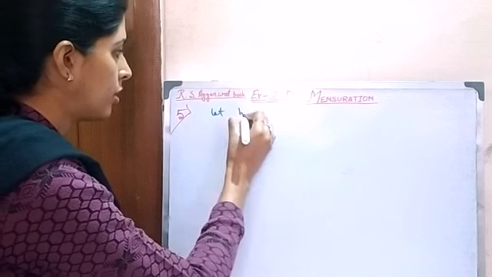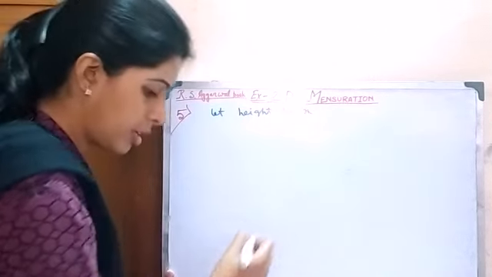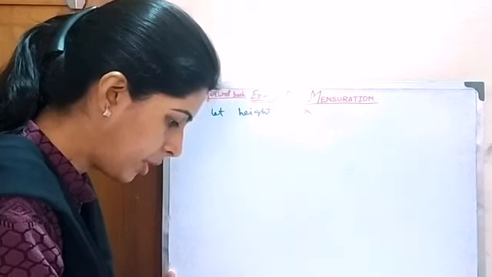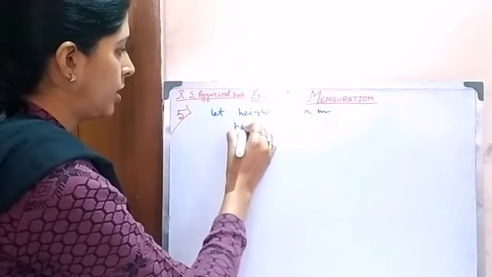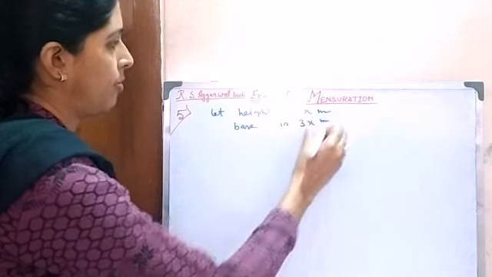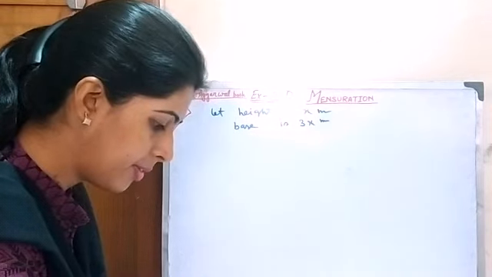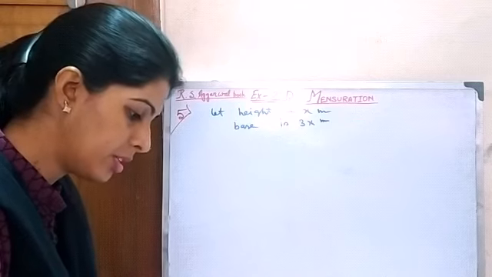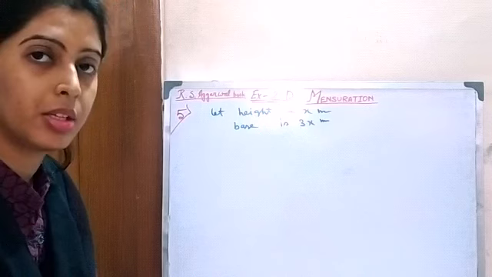So let the height be x meter and the base is 3x meter. Now if the cost of cultivating the field at rupees 1080 per hectare is rupees 14,580, find its base and height.